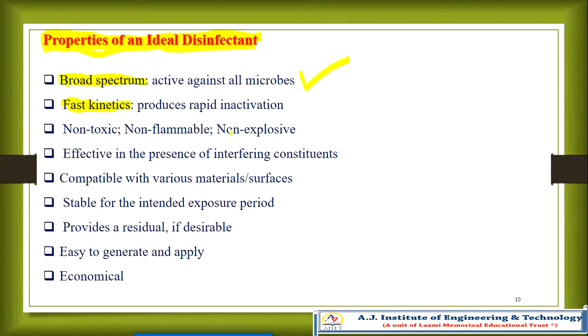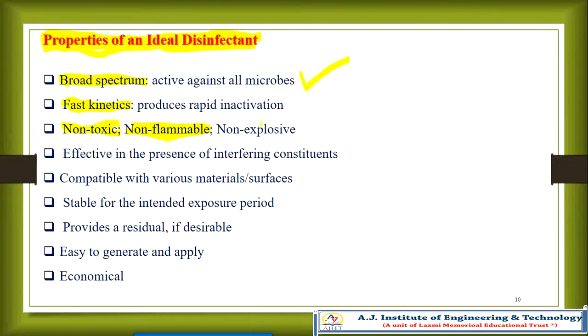Then the third one, non-toxic and non-flammable. The disinfectant should be non-toxic. For example, chlorine, non-flammable.